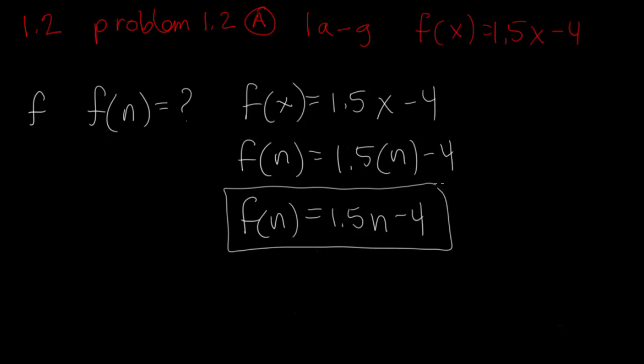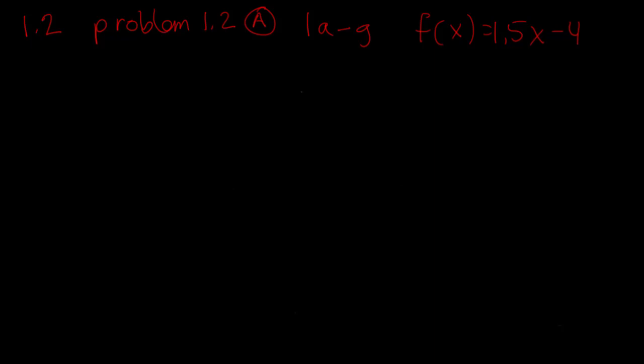Use the same concept now when we take a look at item G. I'll erase this and we'll work on G. So for item G, we have f of x plus 1 equals what? So here we do the exact same thing.